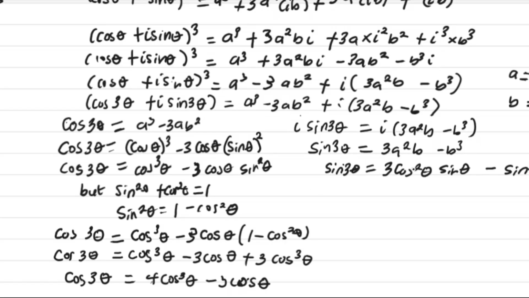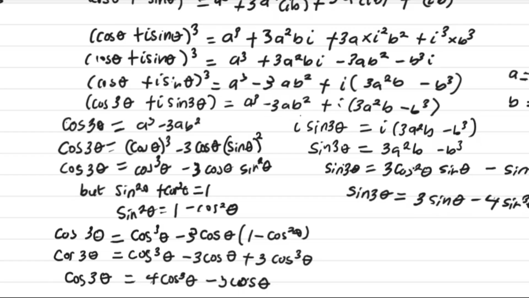It means that this cos square theta is going to be 1 minus sine square theta. You substitute that value here. At the end, you are supposed to get sine 3 theta to be equal to 3 sine theta minus 4 sine cube theta. If you don't get this, it means that you have made a mistake.